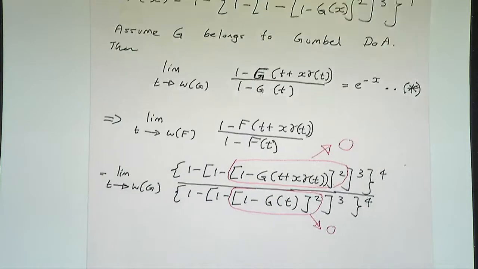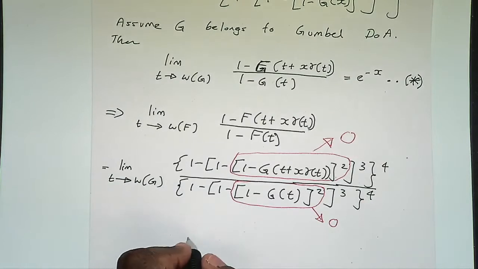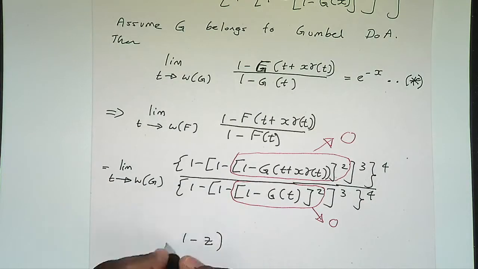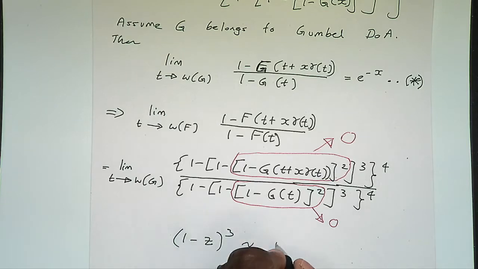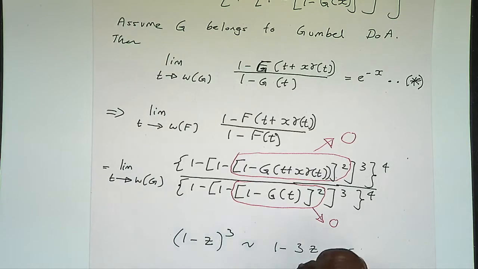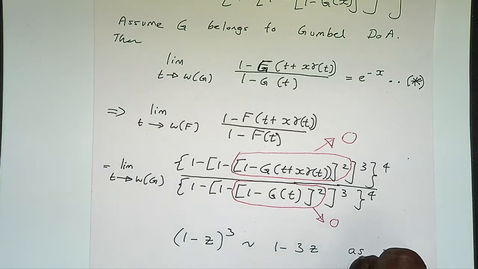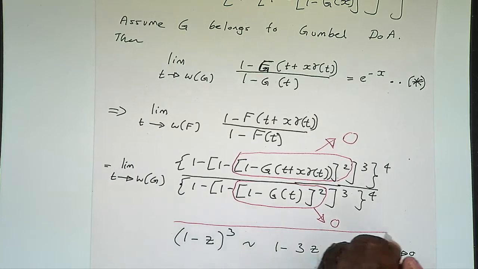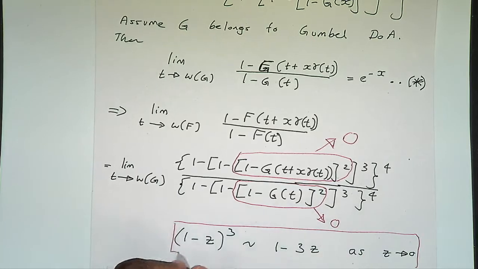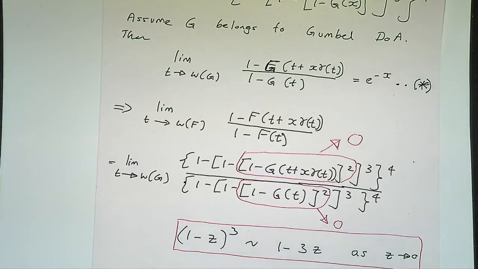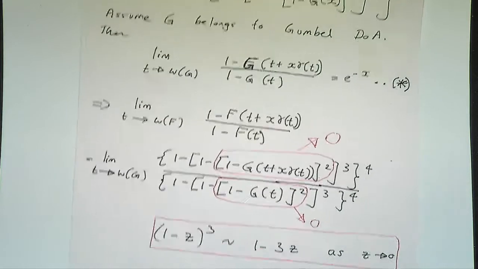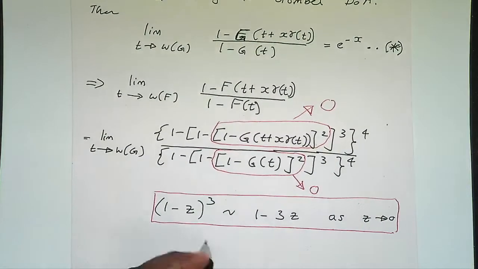Alright, so now one of the formulas I gave you is this. If you have something like this and z approaches 0, then this behaves like 1 minus 3 times z as z approaches 0. So using this formula, do you remember this? This is one of the things I asked you to remember for the exam, not for the test tomorrow.